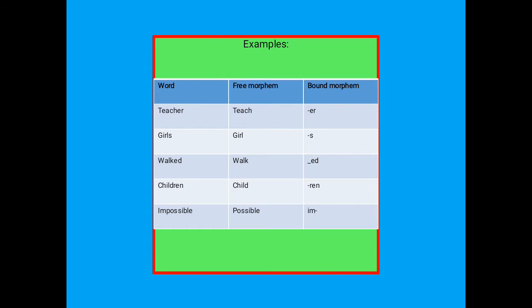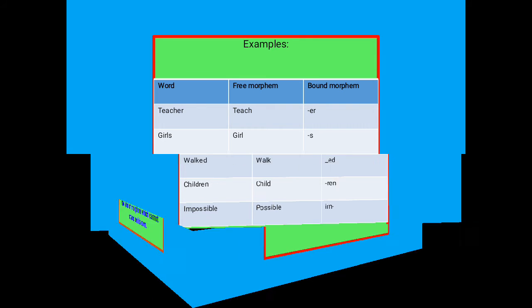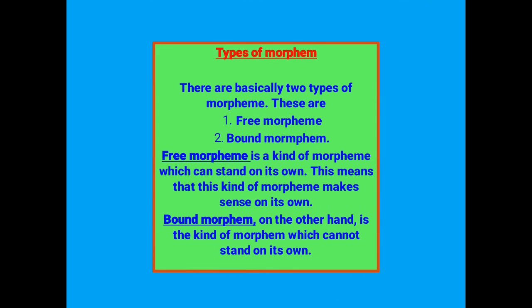This example has been completed in a tabular form, and we have word, free morpheme, and bound morpheme. Under the word, we have teacher. The free morpheme of teacher is teach. As we said, a free morpheme is a kind of morpheme which can stand on its own.